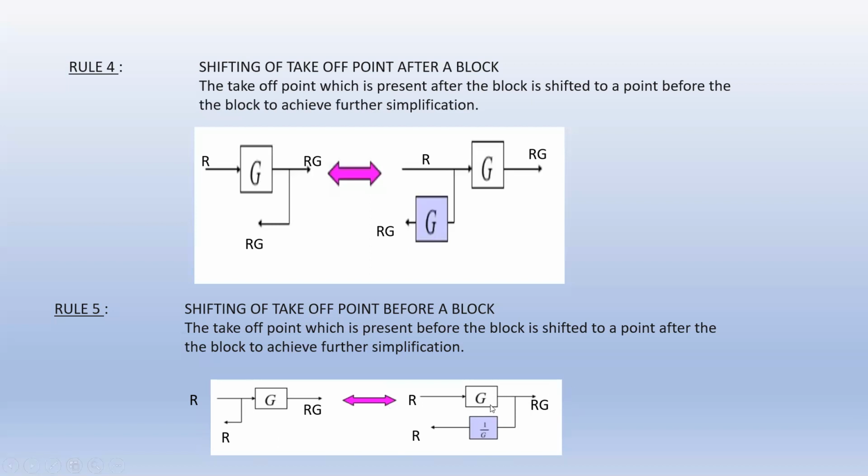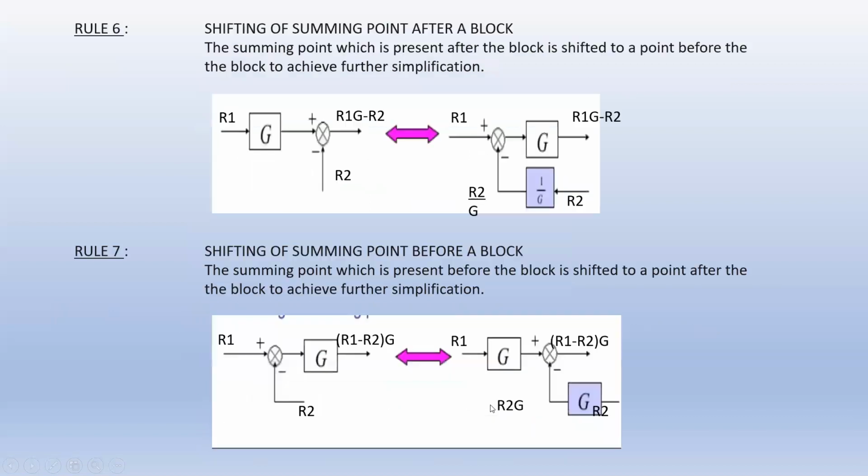So coming to rule 6, we have shifting of the summing points. So we have this summing point over here after the block. We need to shift this summing point to before the block so as to achieve a better simplification.